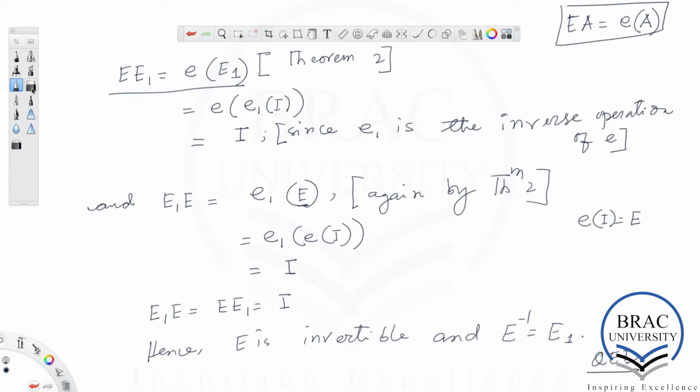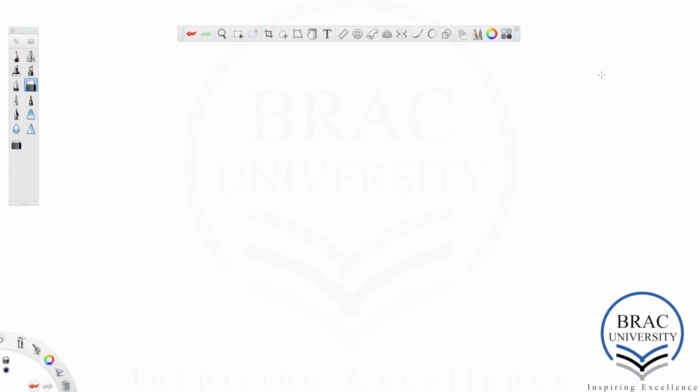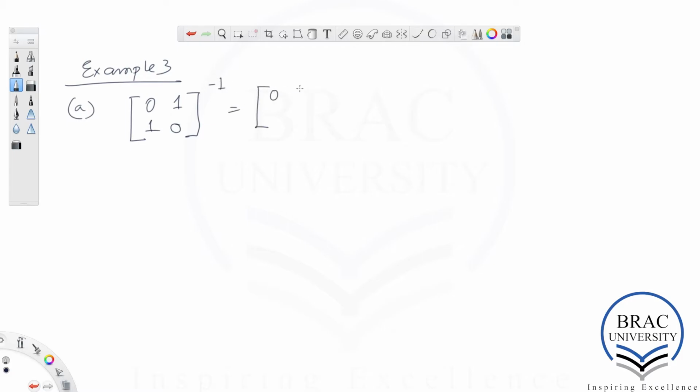Okay, so now a bunch of examples of the inverses of elementary matrices, which is our example 3. It says that the inverse of the 2 times 2 elementary matrix [0 1; 1 0] is simply [0 1; 1 0], the same matrix.